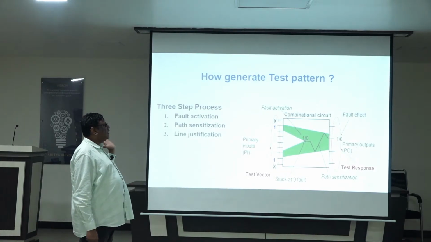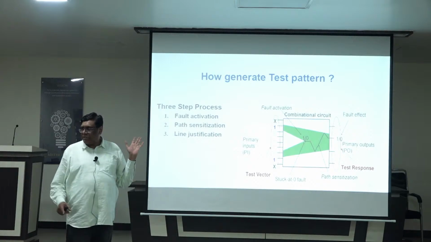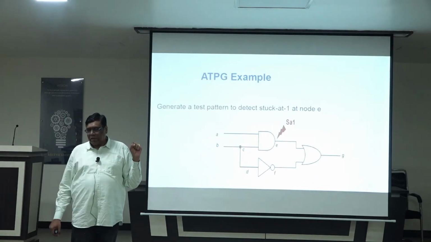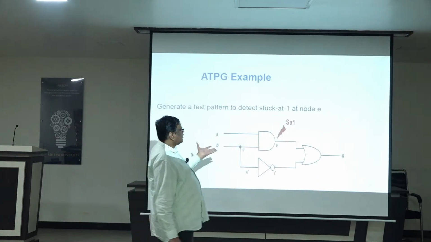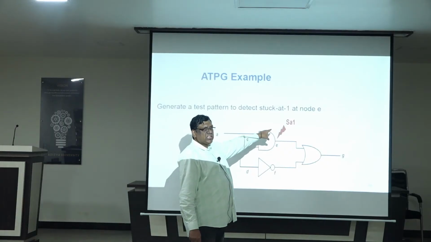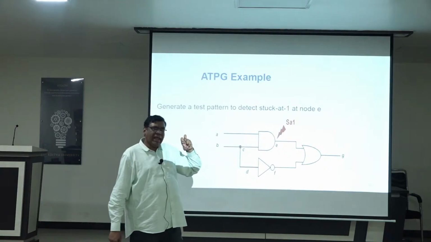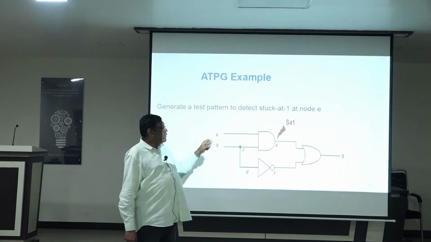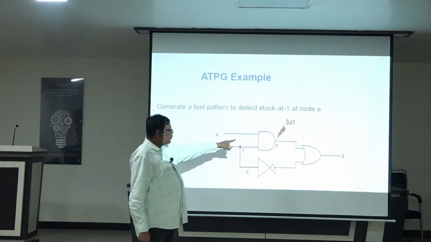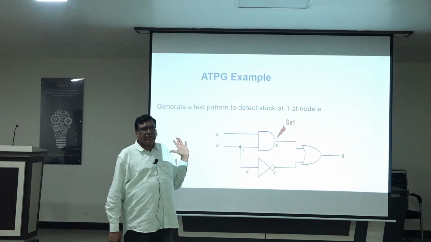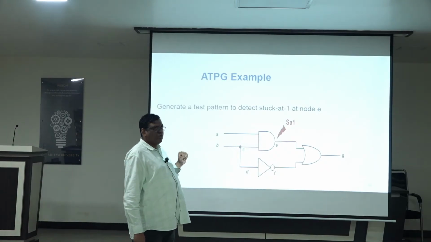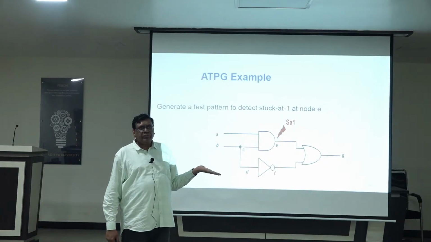First one is fault activation. Fault activation means what fault I want to test. I want to test a stuck-at-1 fault, and that has to be activated first. So I want to test stuck-at-1 on the output of the AND gate, that means node E. What value do I have to set? The opposite value, 0.